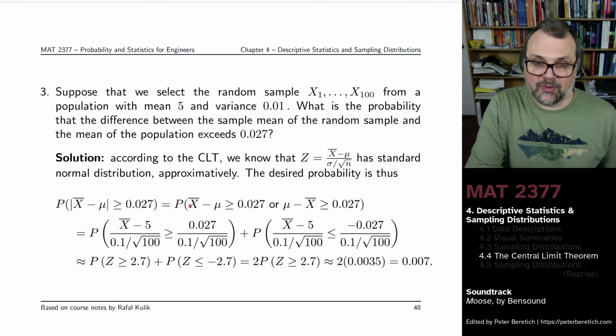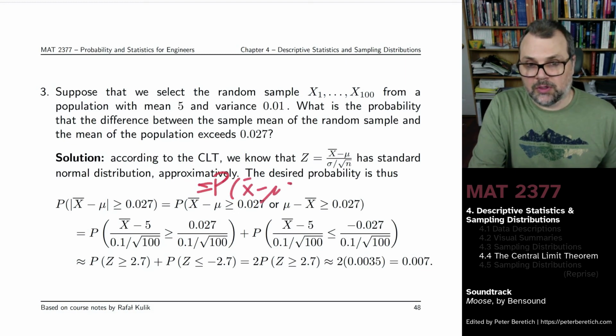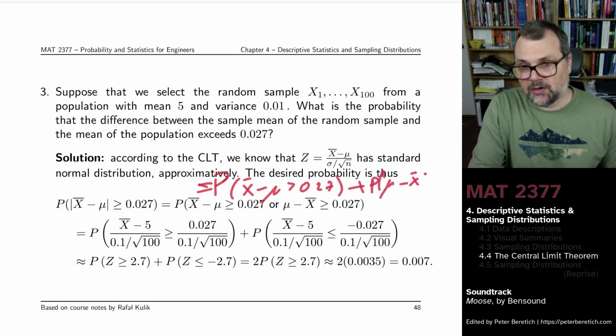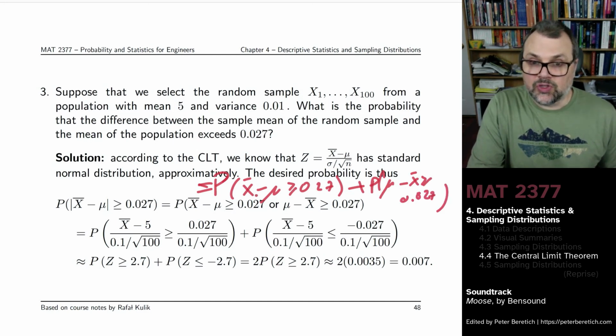So we have the probability that x bar minus mu is greater than 0.027 plus the probability that mu minus x bar is greater than 0.027, and then you do the standardization.